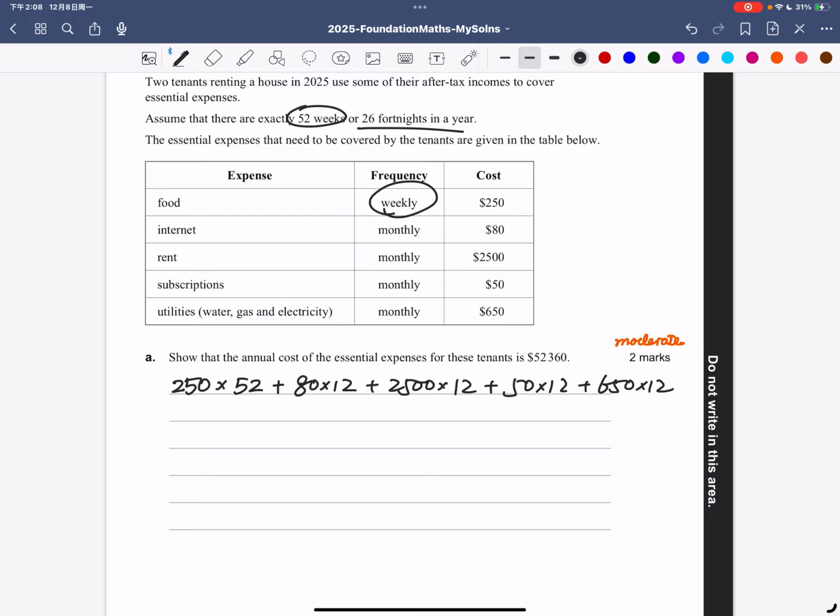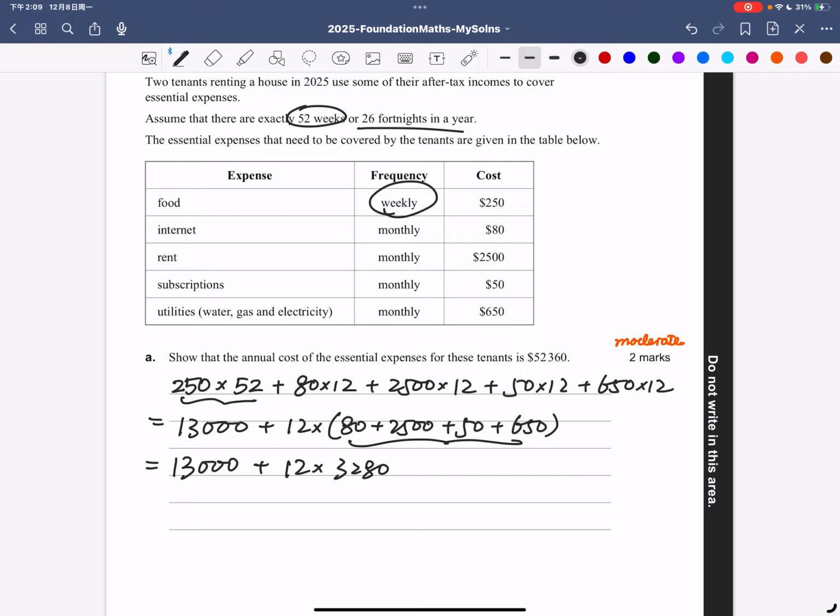So eventually, once you get this calculation, because the question has 2 marks for show that, you probably want to show some grouping, like this number is 13000, and then you have 12 multiplied by 80 plus 2500 plus 50 plus 650. So you get 13000. You can do the small calculations on a scientific calculator. I'm so used to a CAS calculator. 12 times, let's say, this number 3280.